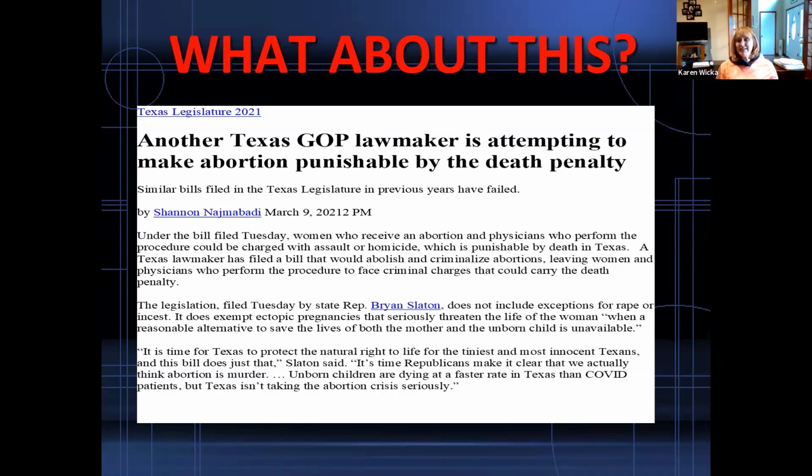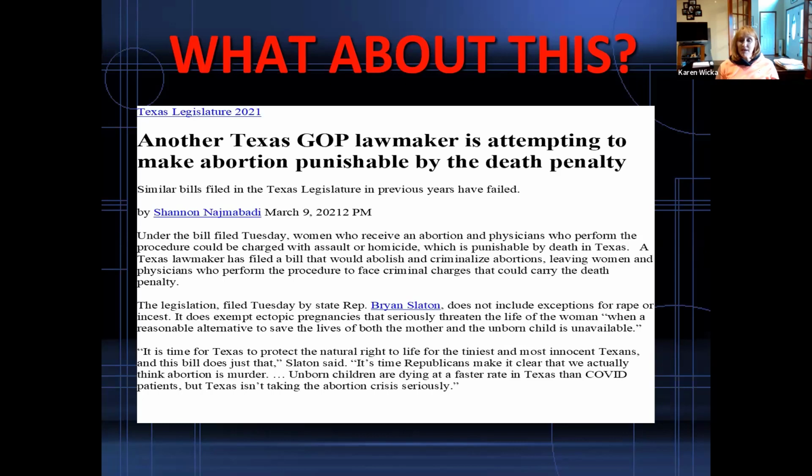What you see sometimes is how people define person can affect the abortion rules in any given state. This was prior to them passing that actual statute against abortion, but this was a bill that if you had an abortion, it was punishable by death. So clearly they were defining an infant inside the womb still as a person.